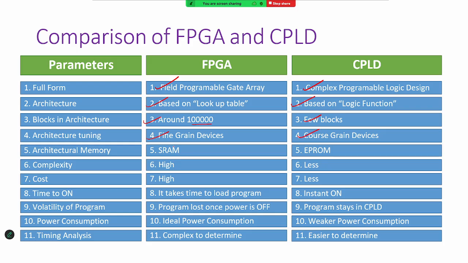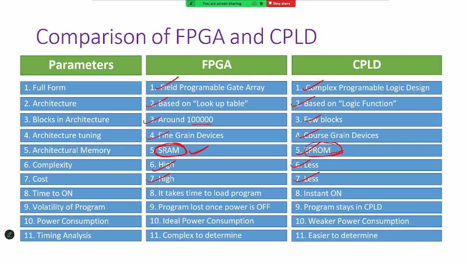I told you about the architecture memory. FPGA has SRAM, so when power is off, all the program will be erased. In CPLDs, EEPROM will be there, so this will be retained even though power is off. Complexity is high in one and less in the other; cost wise high and cost wise less.